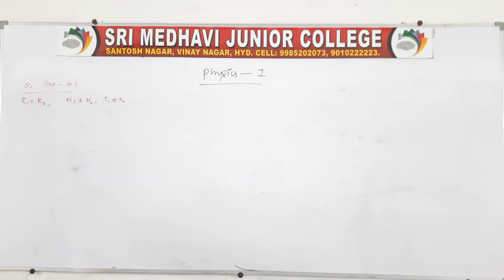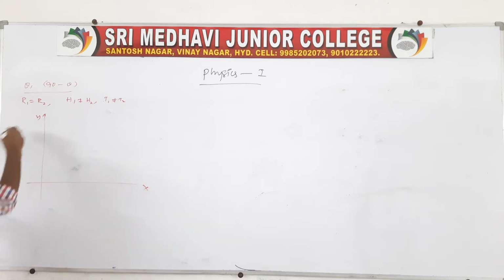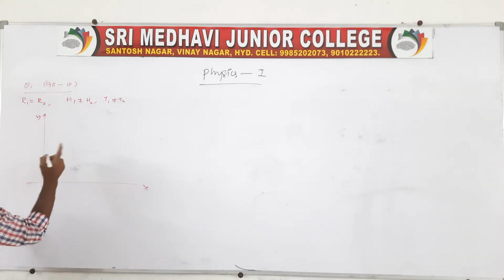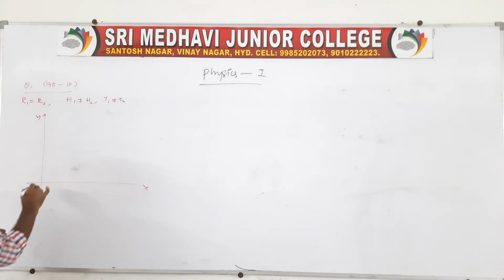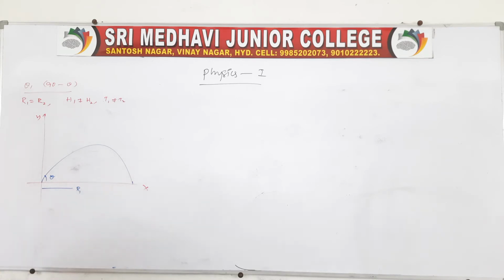So actually we have to show it in a mathematical way also. You take two angles, this is x and this is y. If the body is projected at an angle theta, and 90 minus theta. Suppose this is theta. For this, the range will be r1 and the maximum height will be h1.